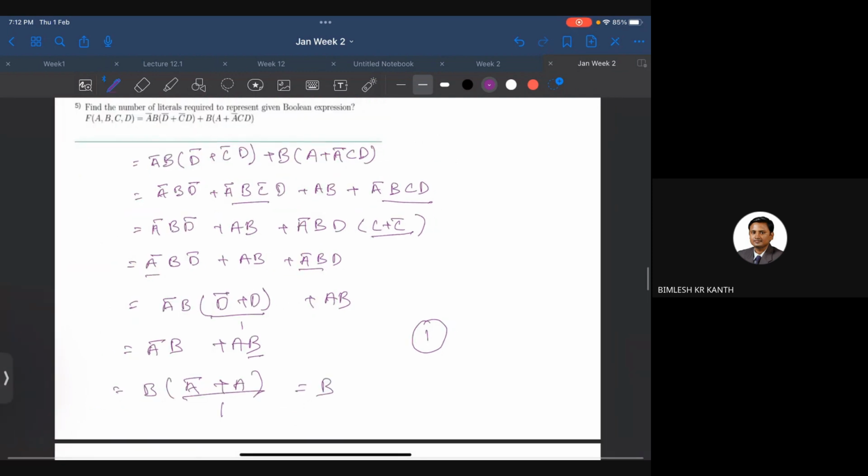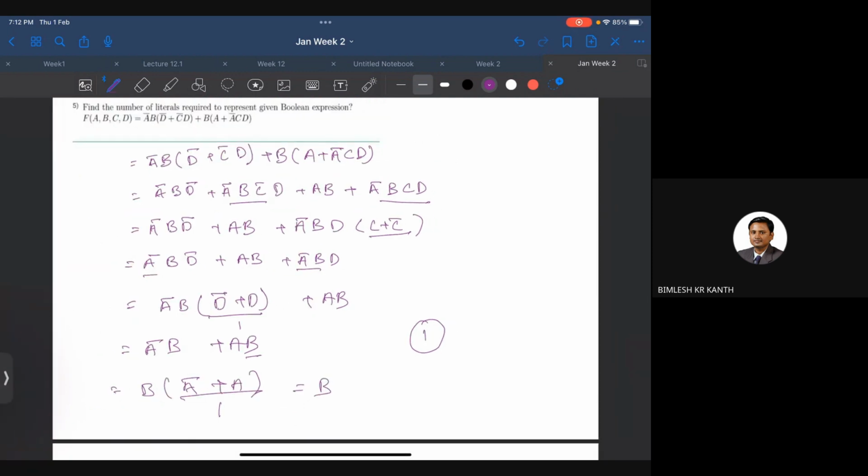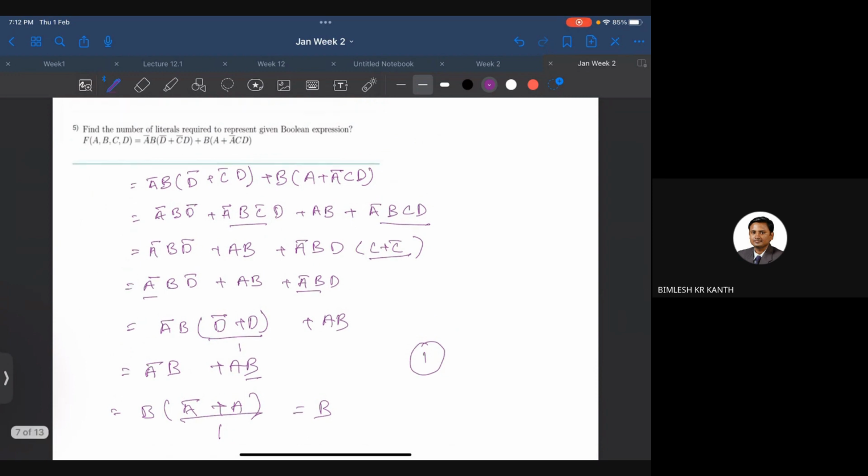Now, what is the meaning of this kind of expression, apart from the math, in terms of a circuit? Suppose a circuit is doing something. Can you minimize the circuit? Because there are lots of AND gates and lots of OR gates required.